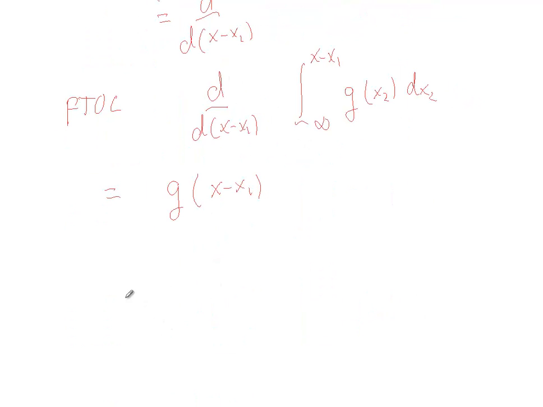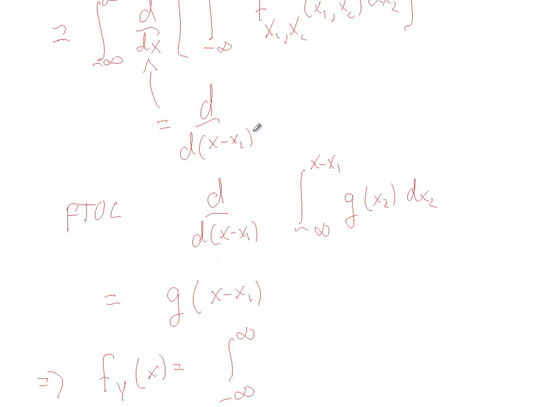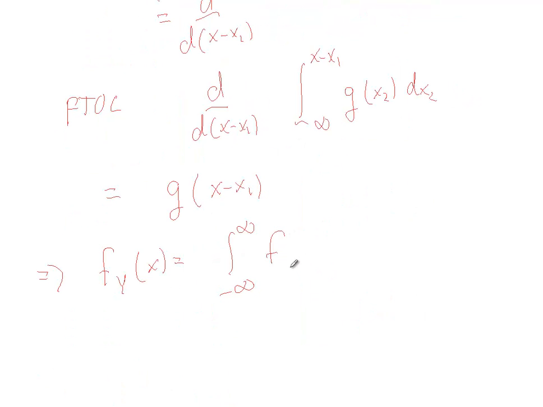So my result, let me repeat what I've got here: f_Y of x is equal to the integral from minus infinity to infinity. You don't see it, but it's up there. And then in here I have x2 replaced with x minus x1. So this is f of x1, x2, evaluated at x1, x minus x1, dx1.